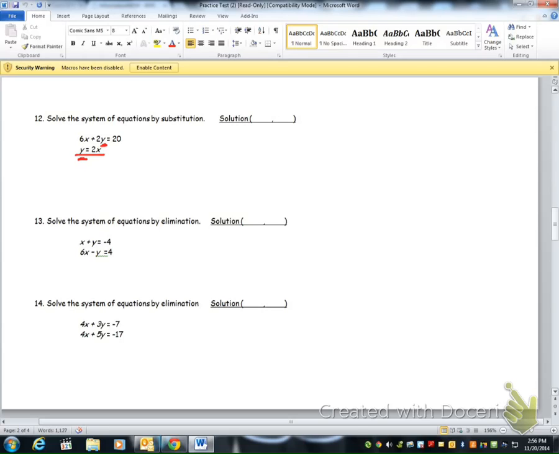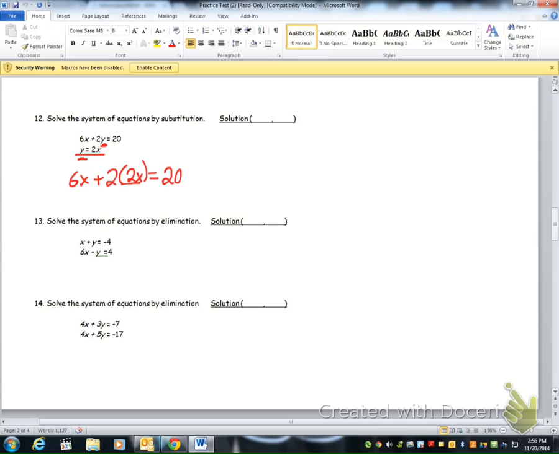Now, the other equation is 6x plus 2y equals 20. But where y is, I'm going to replace it with 2x because y equals 2x. If the two things are equal, I can replace one with the other, right? So I'm going to put in 2x here where my y was.